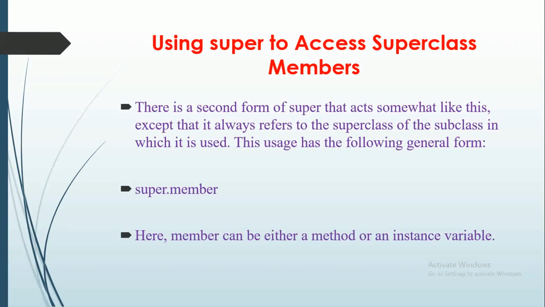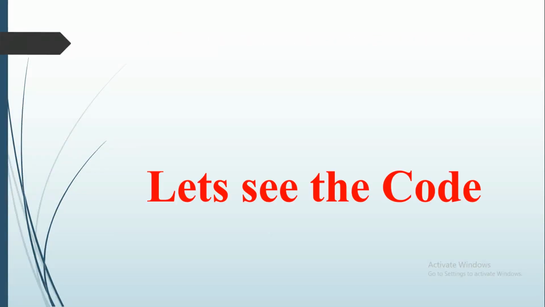Here, member can be either a method or an instance variable. We all know that super with brackets and a semicolon calls the parent class constructor. But super dot member means that we can call either the superclass method or the superclass variable.